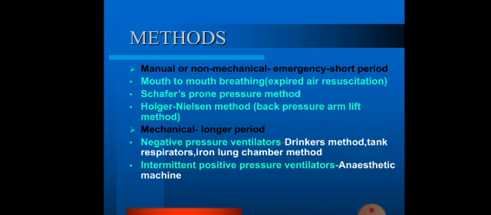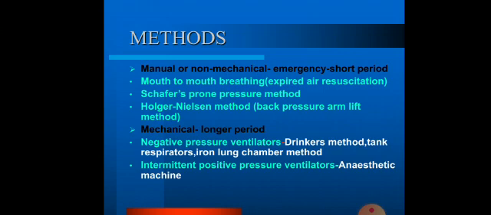I would be explaining even the detailed steps of all the procedures. The first you can see is mouth to mouth breathing, which is where air is expired, or expired air resuscitation. Mouth to mouth breathing is normally referred to as the kiss of life. I think when I explain the procedure, you will exactly get a picture.